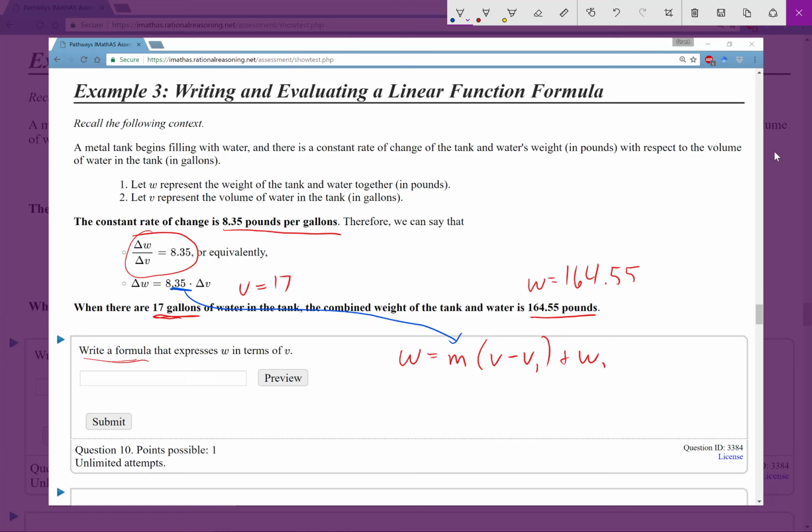We know that our reference value for V can be 17. We know that our reference value for W can be 164.55. So our formula would then be W equals 8.35 times V minus 17 plus 164.55. So let's go ahead and plug that in.